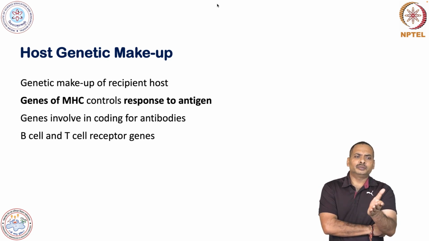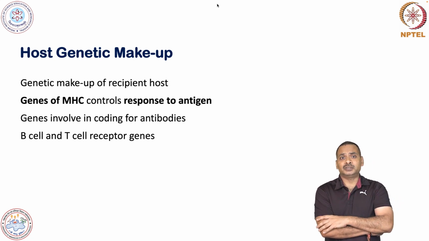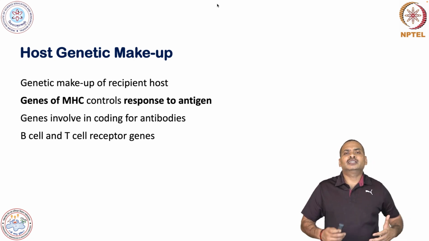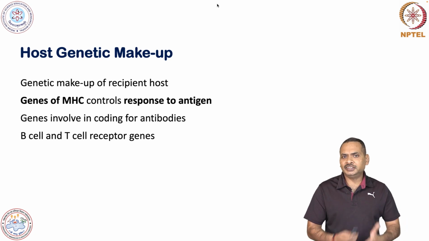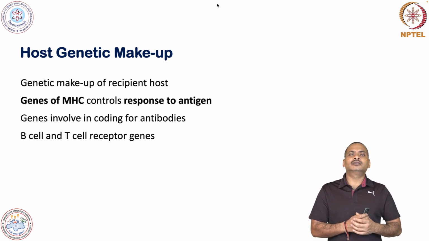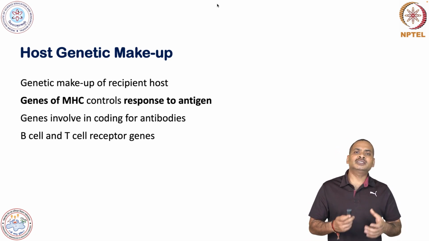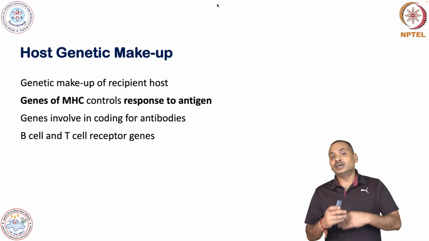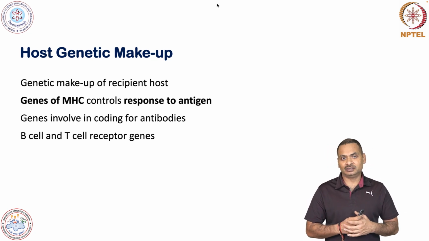Another example could be the B cell and T cell receptor. If there is some mutation, change or polymorphism in the B cell receptor or T cell receptor, then that will affect antibody production.